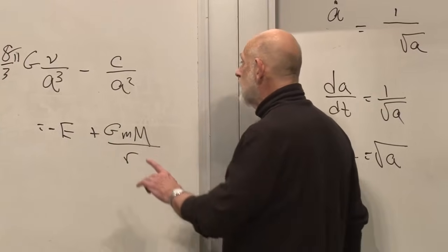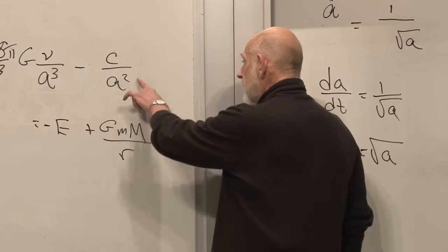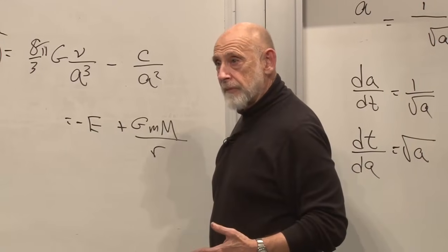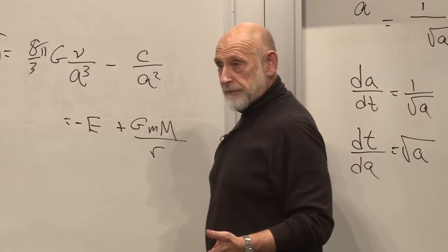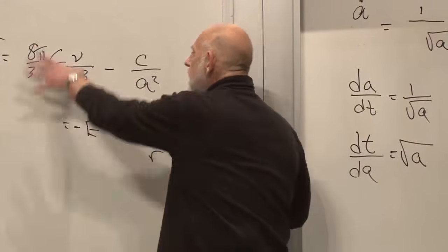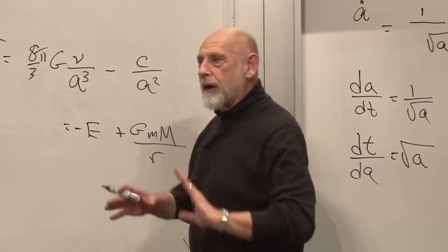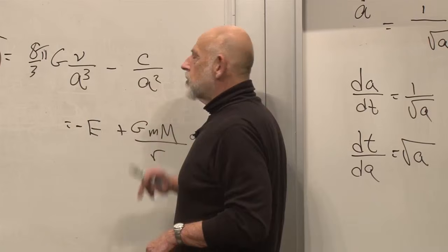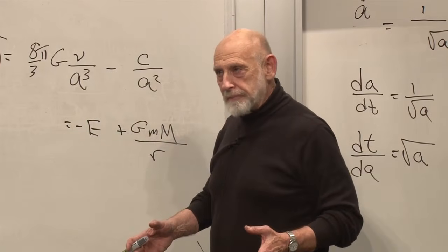Let's see. If A is big, then this term is bigger, and it will go negative. But it never does get negative. Okay, good. The right-hand side never gets negative. You're right. All that tells you is there's an upper bound on how big A gets.